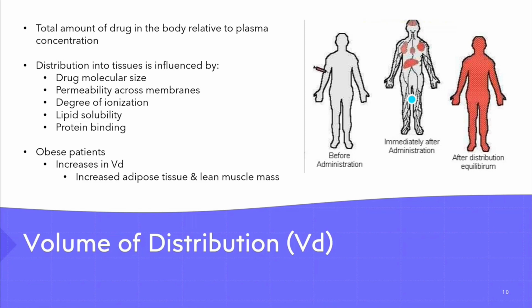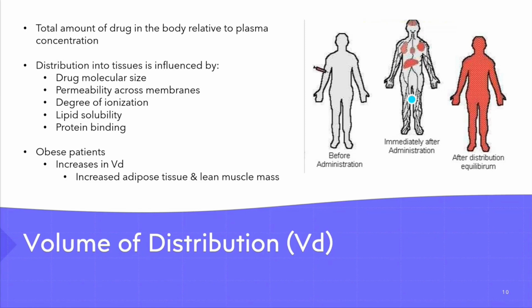So we know that obesity is associated with an increase in adipose tissue and lean mass, both of which can affect the volume of distribution of both hydrophilic and lipophilic antimicrobials. It's most intuitive to think that increases in adipose tissue increase the volume of distribution of lipophilic antimicrobials.